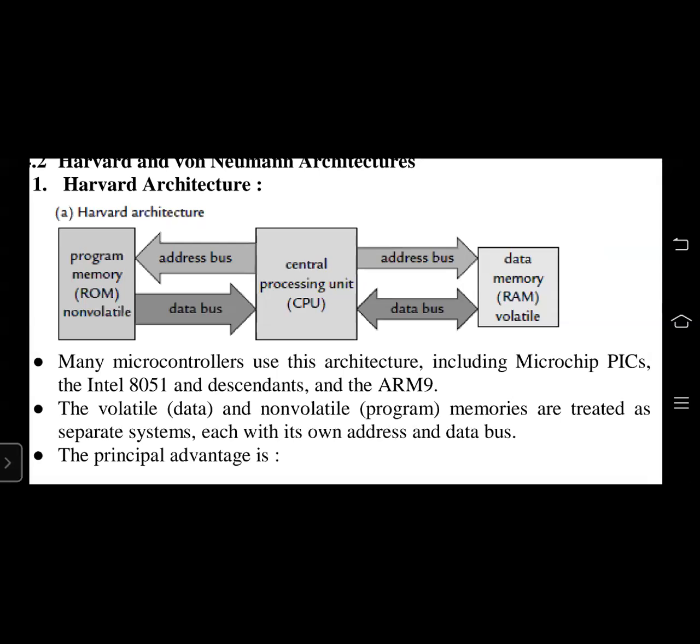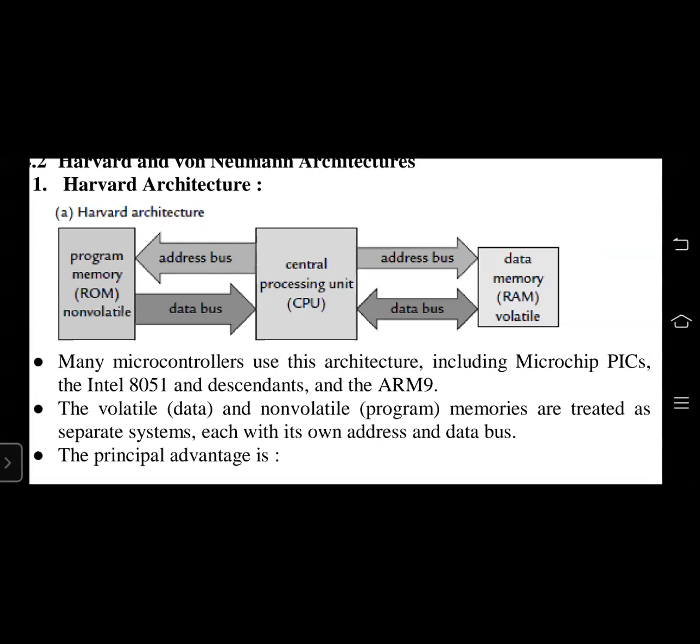Now, the CPU is executing something, so it wants the instruction and it wants the data also. What it can do is, it has a separate data bus to access the volatile memory, and a separate address and data bus to access the non-volatile memory.